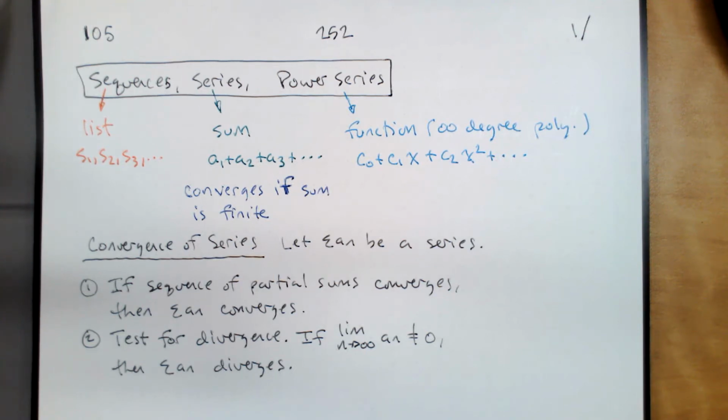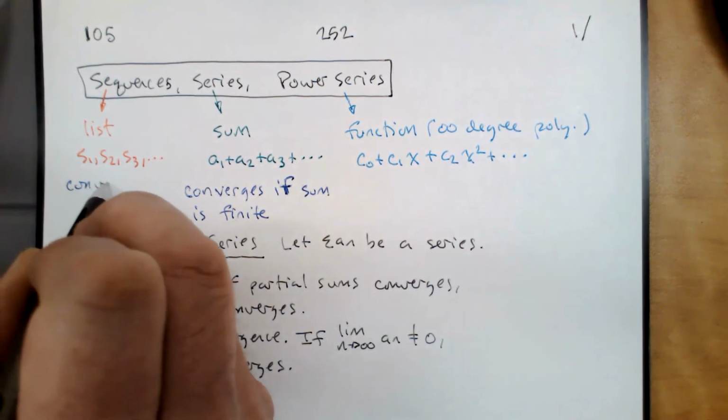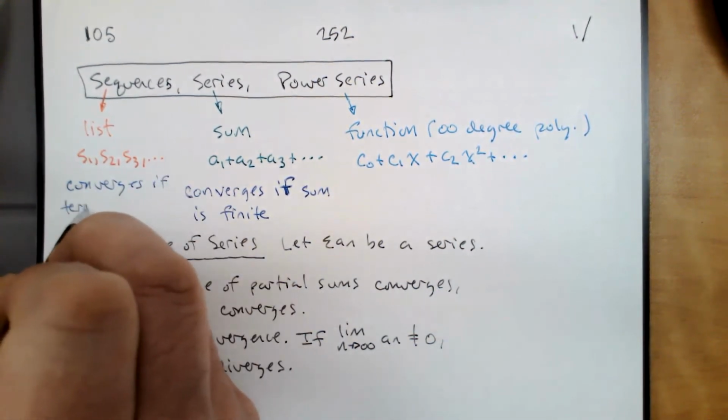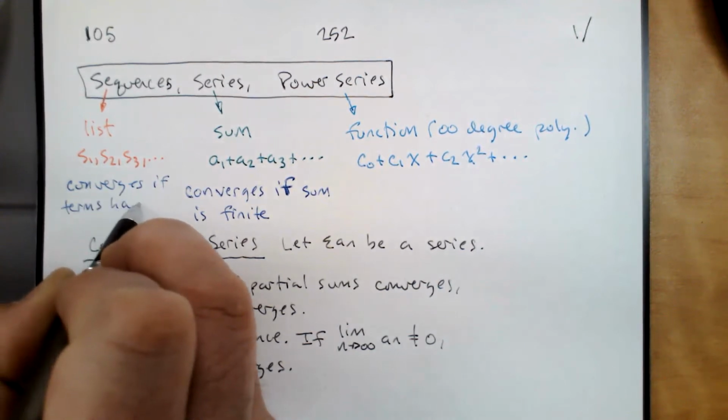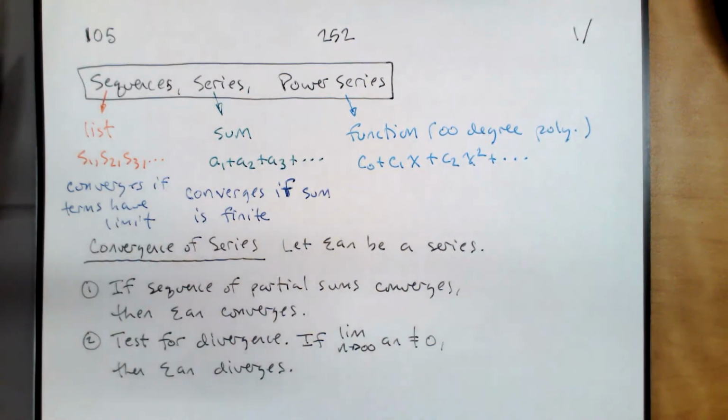But a sequence converges if the terms have a limit. So when we're looking at the sequence of partial sums, we're just looking to see if that sequence has a limit. But we're trying to determine if the sum is finite.